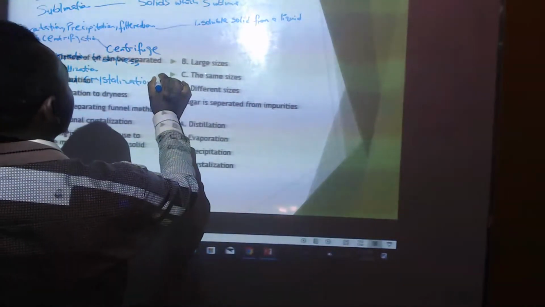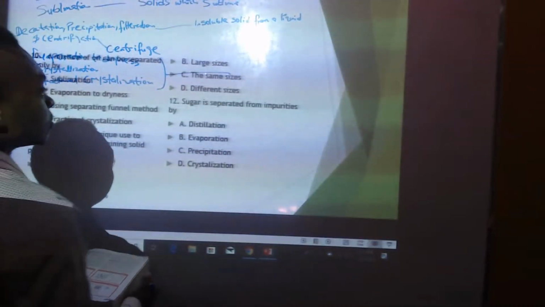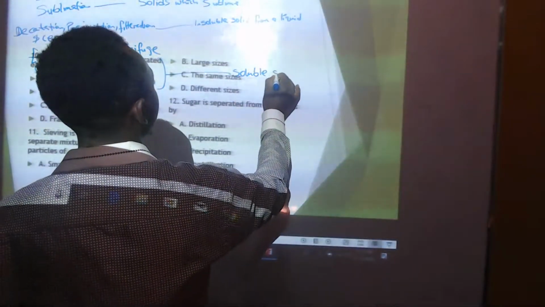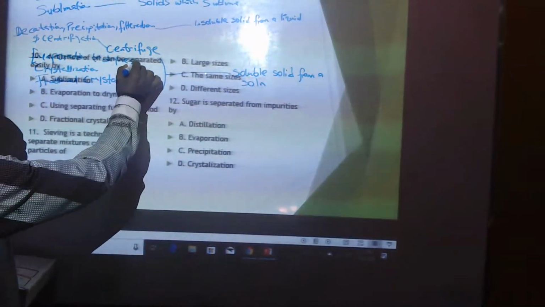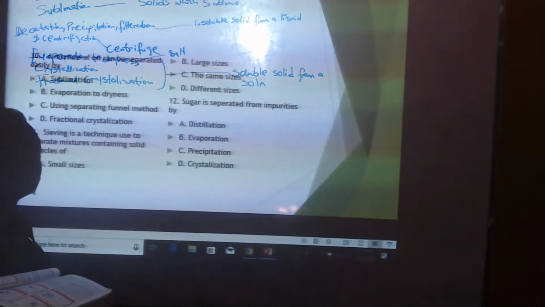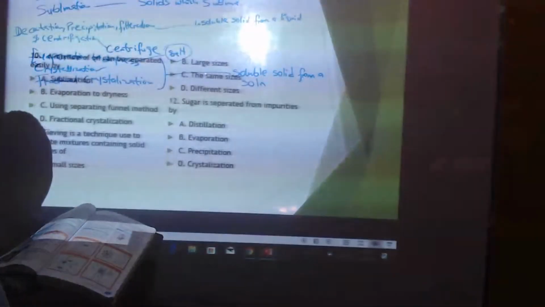All these are used in separating soluble solid from the solution. Remember, this is used to separate salts that do not decompose easily on heating. But it is all that separation of soluble solid from a solution.